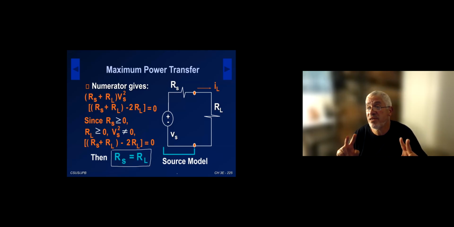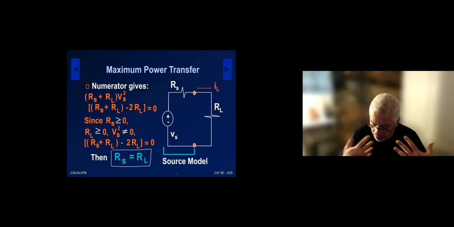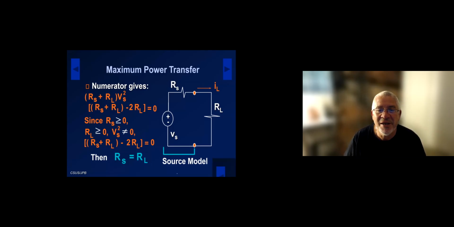So you do not want to operate under less than ideal circumstances, where you'll be eating even more power than half, because at best you're burning half of your power and the paying customer is getting half.